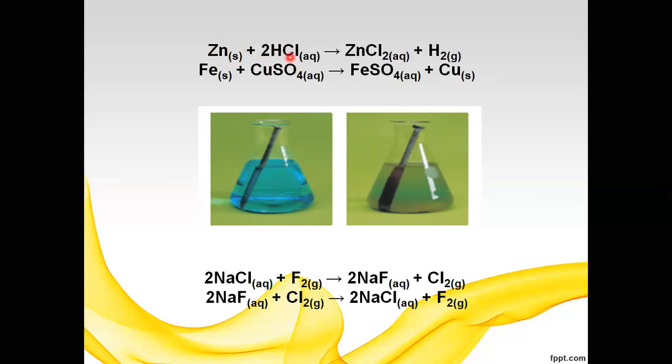Zinc and chlorine combine to form a compound, and hydrogen is the element that is evolved. Same for the next reaction: Fe plus CuSO4, this is the element and the compound, and they react to form FeSO4 and Cu.